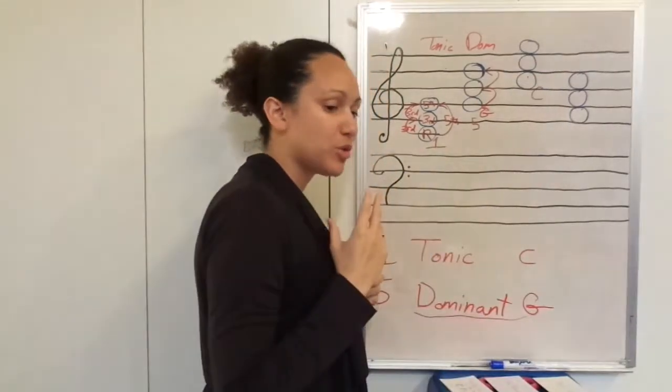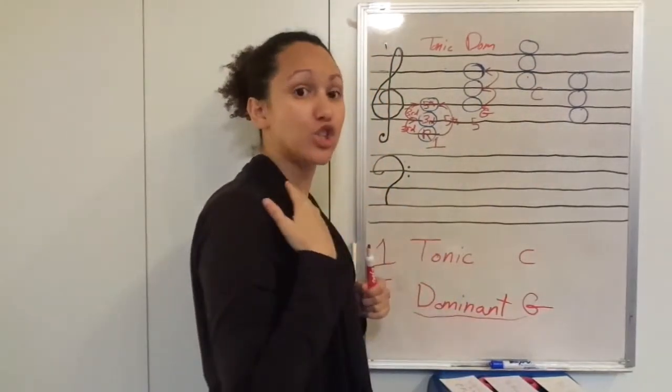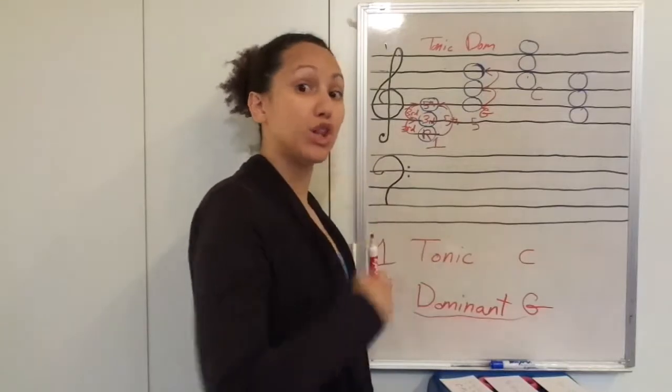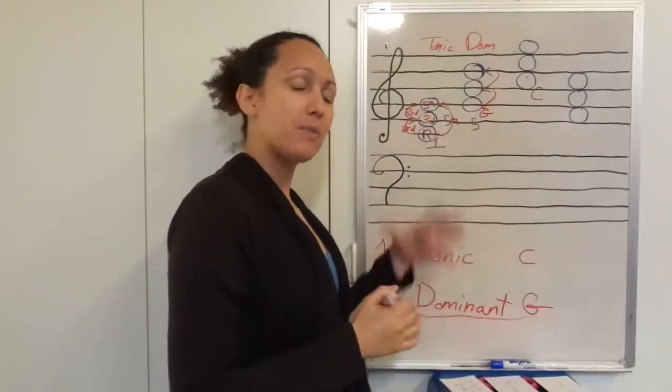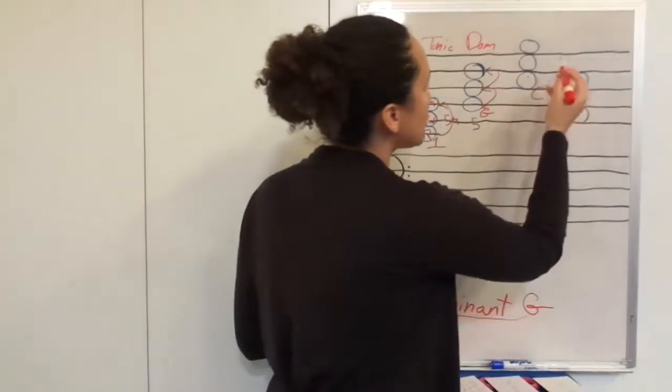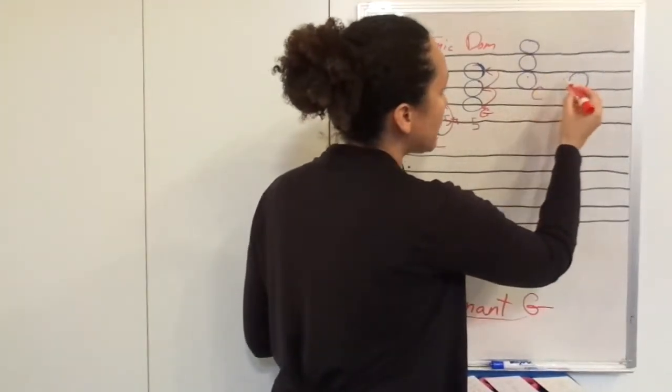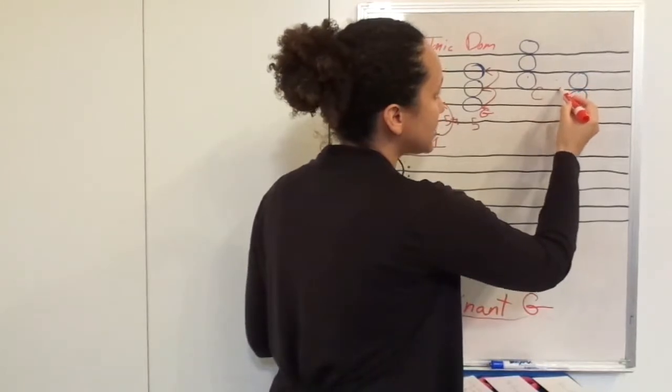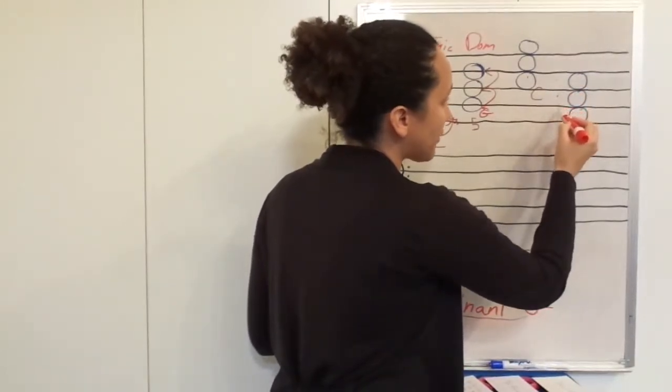Just like we do a fifth above is our dominant chord, a fifth below also dominates. However, it dominates from the bottom, from underneath. So right here, here's our C. If we go down, there's a second, a third, a fourth, and a fifth.